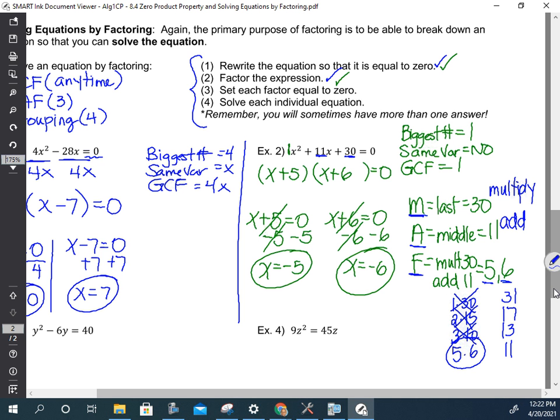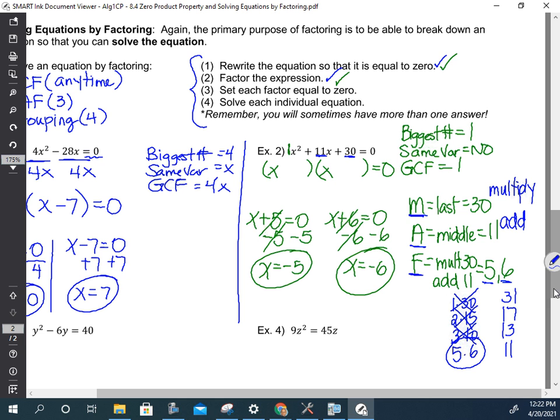So to get to x plus 5 and x plus 6, let me erase this part. To get to the parentheses, you first open your parentheses. X squared means you need to have an x in each parenthesis.